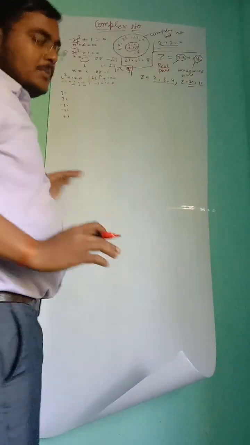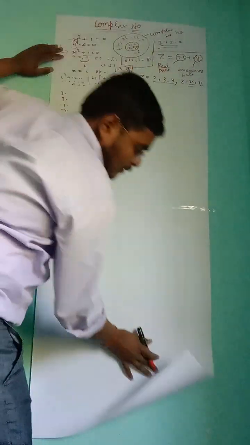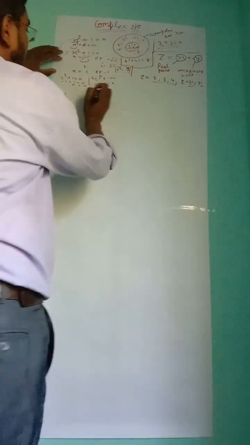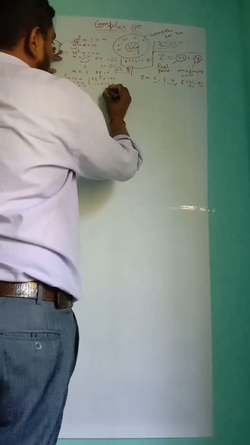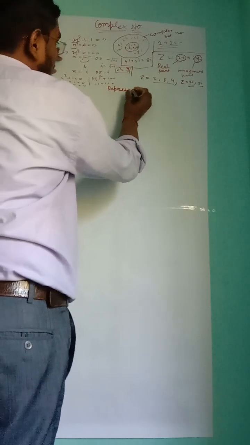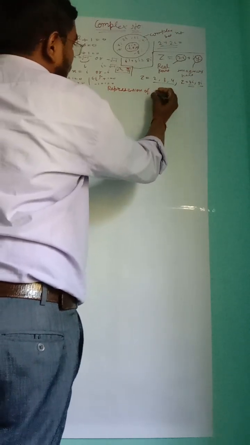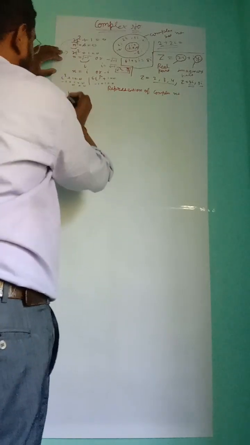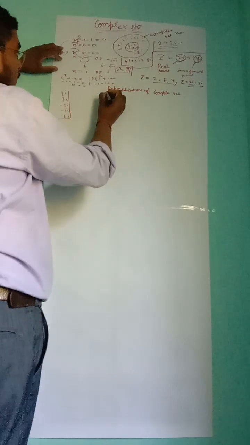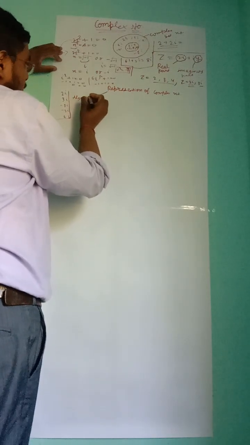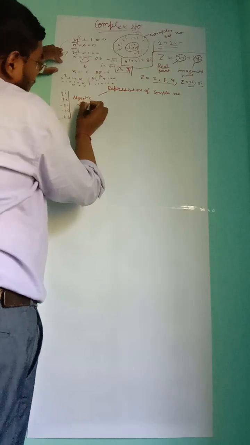Okay, now what is the representation of the complex number? In three ways we can represent our complex number. First one is the algebraic form.